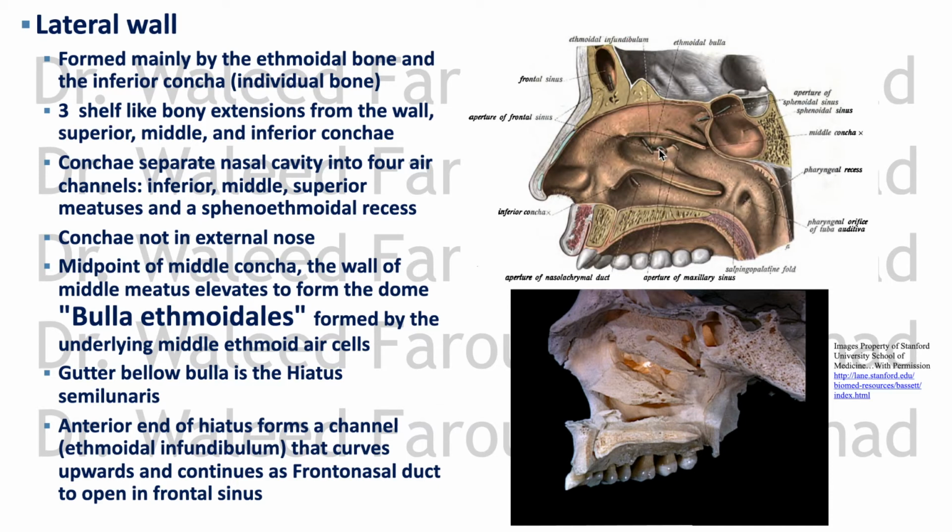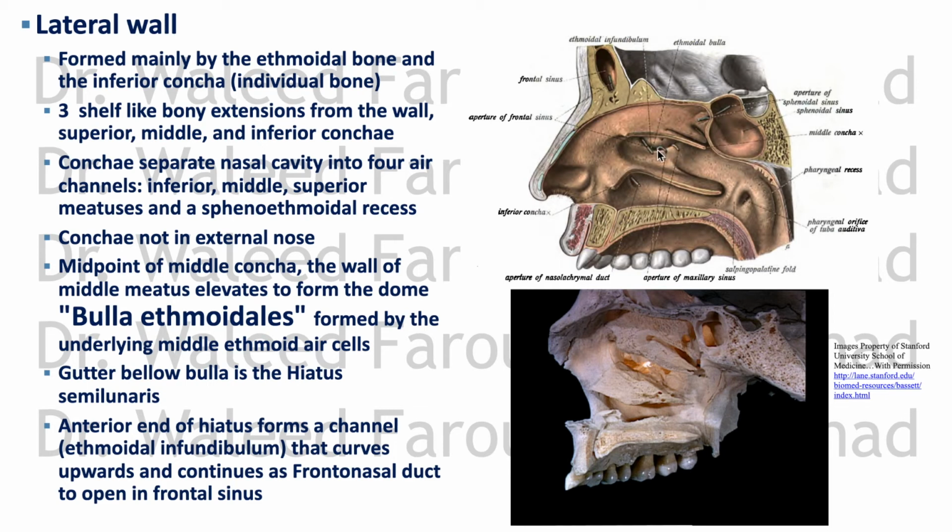The maxillary air sinus is called maxillary because it's formed in the maxilla at the sides of the nose, and it's a big air sinus. We will study it. It opens in the hiatus semilunaris in the middle, either by one opening or multiple openings as shown here.